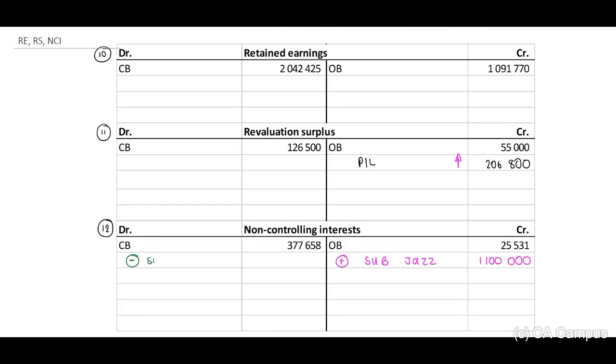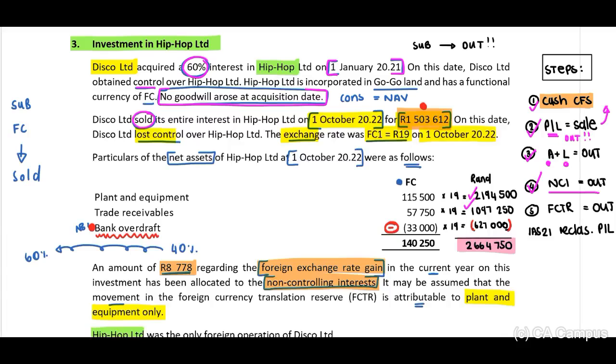Therefore, minus our subsidiary, which is Hip Hop. You don't have to write this. I do this for you to be able to follow my discussion. Calculation 2.2. And this is an amount of 1,065,900 that we need to take out.